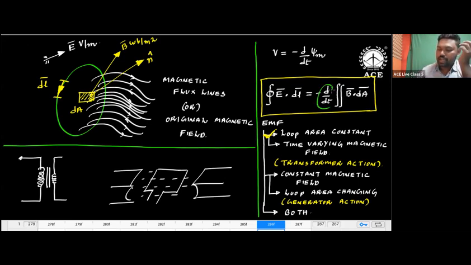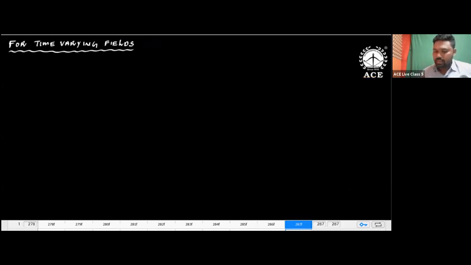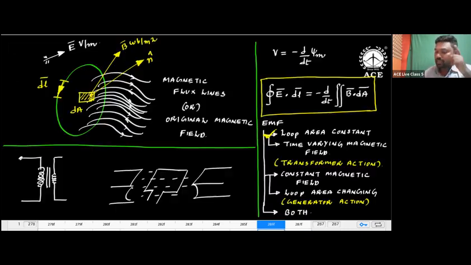I'll translate this general differentiation into partial differentiation. Closed line integral of E dot dL is equal to minus surface integral of dou B by dou t dot dA, beta.